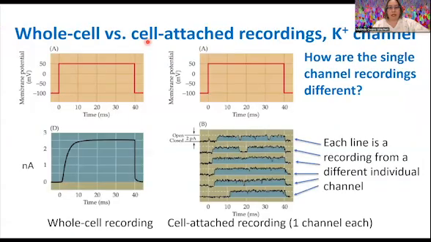What I'm going to show you here are the response of a whole cell from a whole cell recording and single channels from a cell attached recording in response to a voltage change. Okay, so again, this is under voltage clamp, so we are changing the voltage.